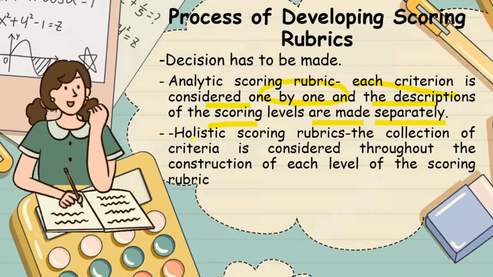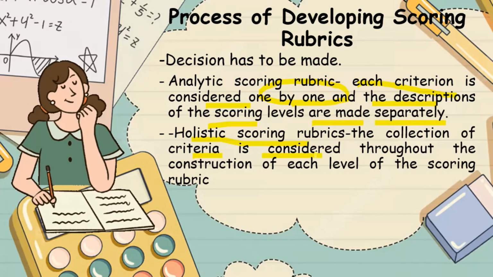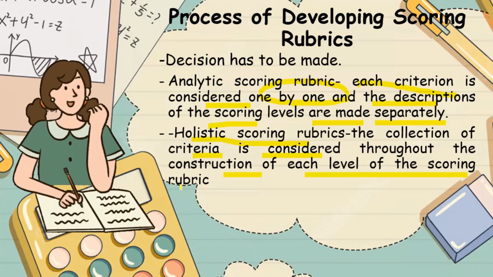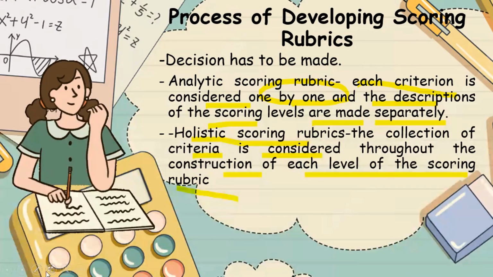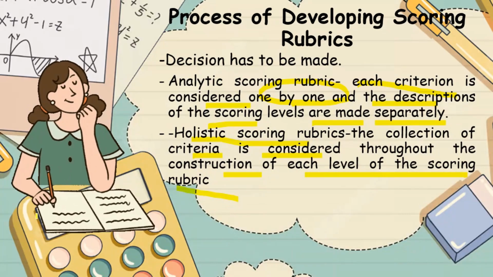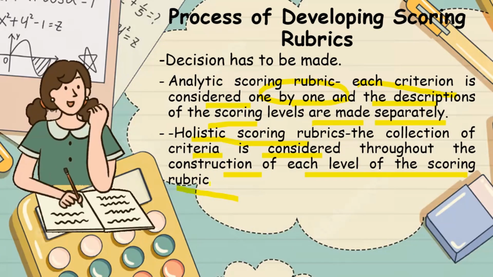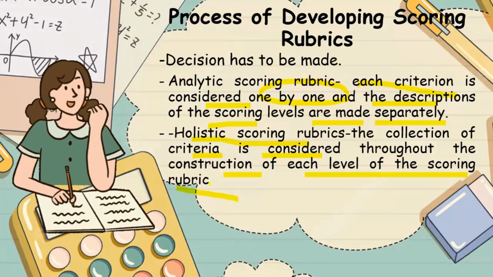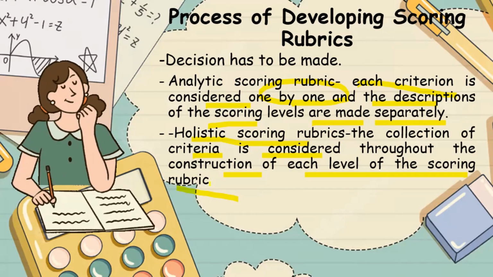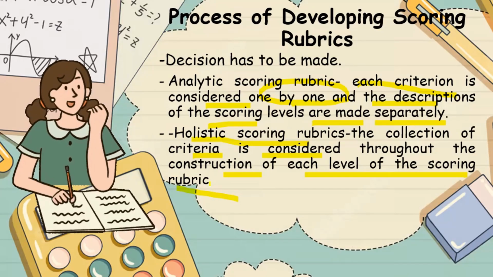On the other hand, in the holistic scoring rubrics, the collection of criteria is considered throughout the construction of each level of the scoring rubric. So the result is a single descriptive scoring scheme. So in analytic, the result is a separate descriptive scoring scheme, while in the holistic, the result is a single descriptive scoring scheme.